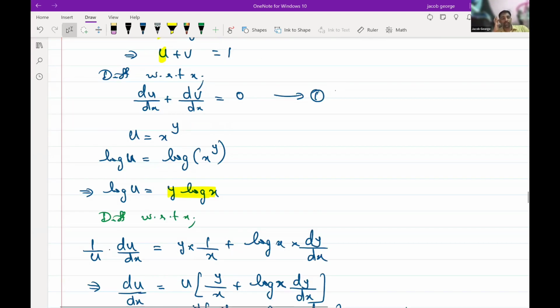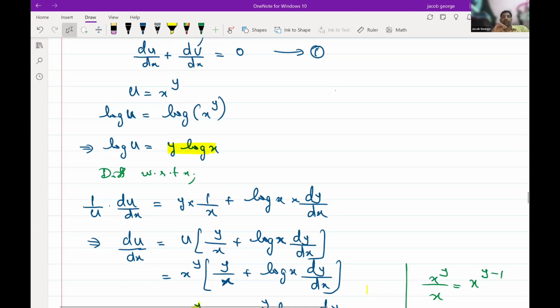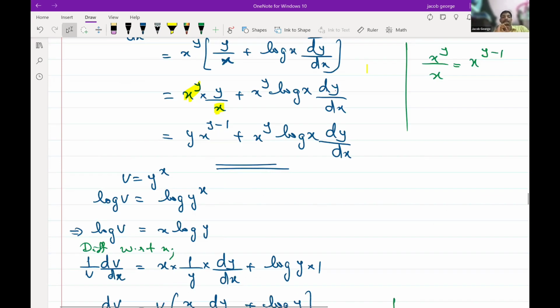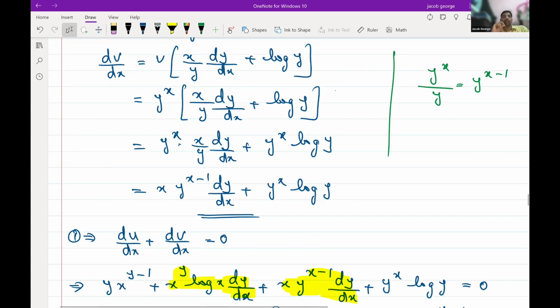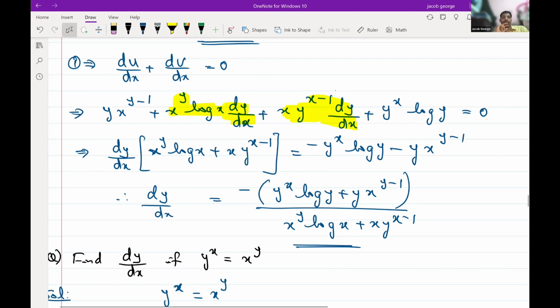We take u, and taking log on both sides, you will get du by dx, and from v, taking log on both sides, we get dv by dx, and then we substitute in that expression du by dx plus dv by dx equal to 0, and from there we get dy by dx.